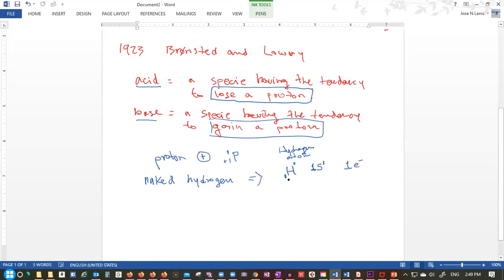And how many protons in the nucleus? We have 1 proton in the nucleus. For a protium isotope, that's the one we have here, there are no neutrons. 0 neutrons on this atom. 1 electron, 1 proton, and 0 neutrons.